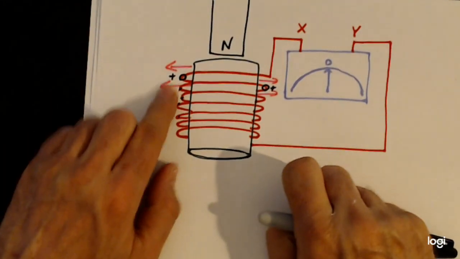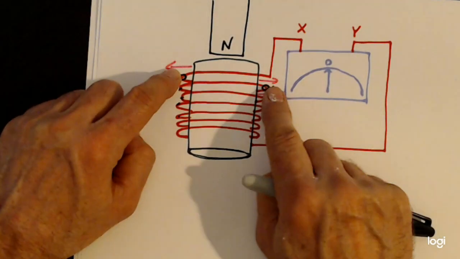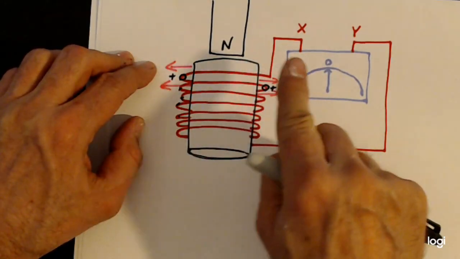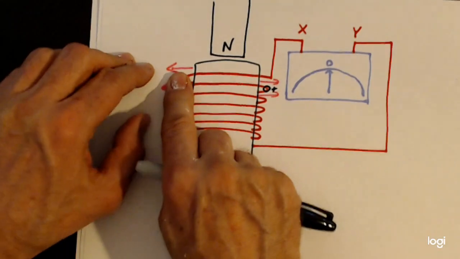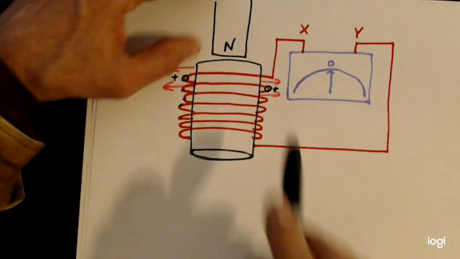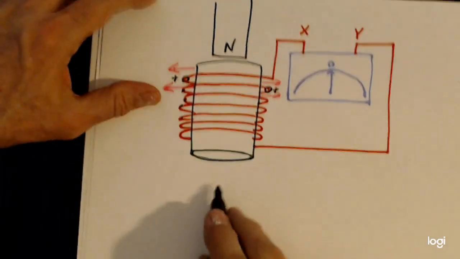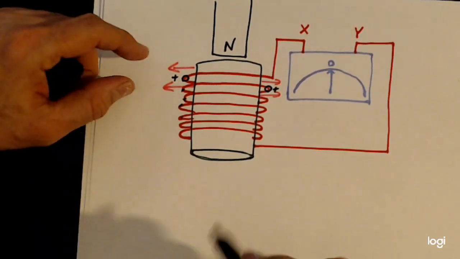charges on this side of that coil are going to be pushed into the page. Charges on that side of the coil are going to be pushed out of the page. That is going to force a current to go around it like this. Out of the page, into the page, out of the page, into the page. All right. So you can say anti-clockwise when viewed from below, because if you're lying under this thing, you would see it going anti-clockwise, or you could say clockwise viewed from above.